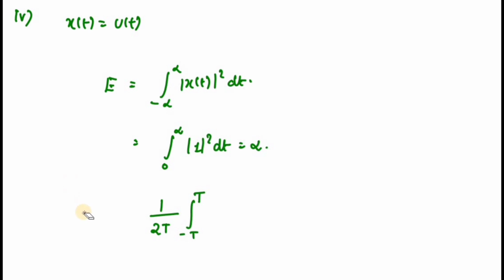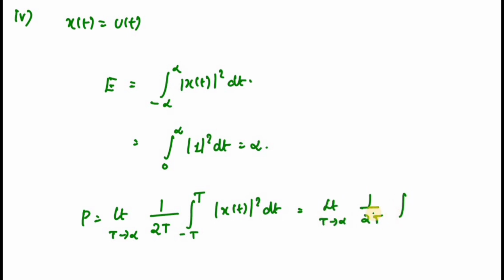So power is equal to limit t tends to infinity of x of t whole square dt. So here limit t tends to infinity 1 divided by 2t. Since it is u of t, it is integrating from 0 to t, 1 dt. So you will get 1 by 2 as your answer, right?